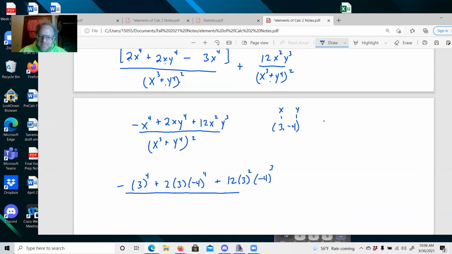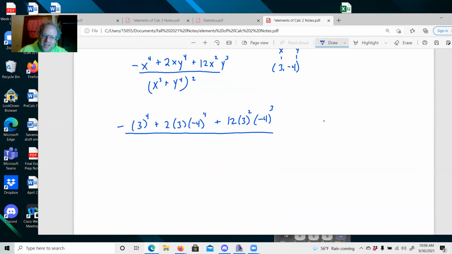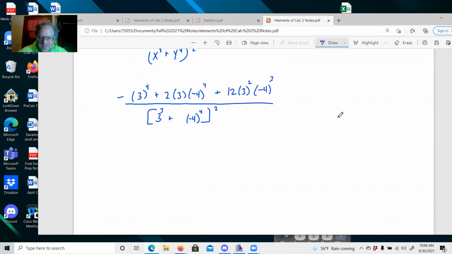All divided by, Lord, who comes up with these numbers? Okay, this is 3 cubed plus -4 to the 4th, and we're going to square the whole thing when we're done. Okay, so yeah, that's kind of a calculator issue, isn't it?